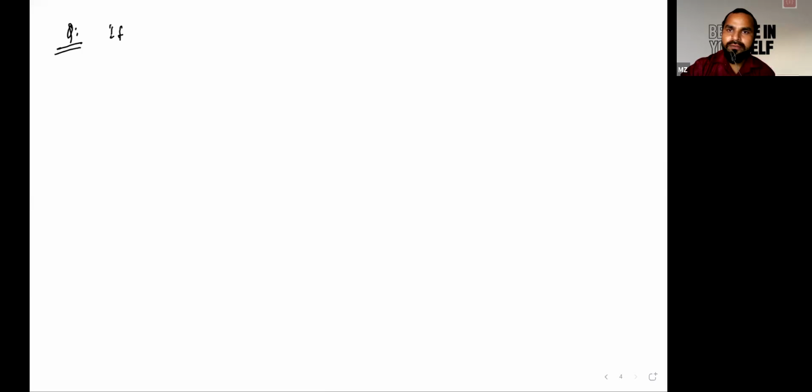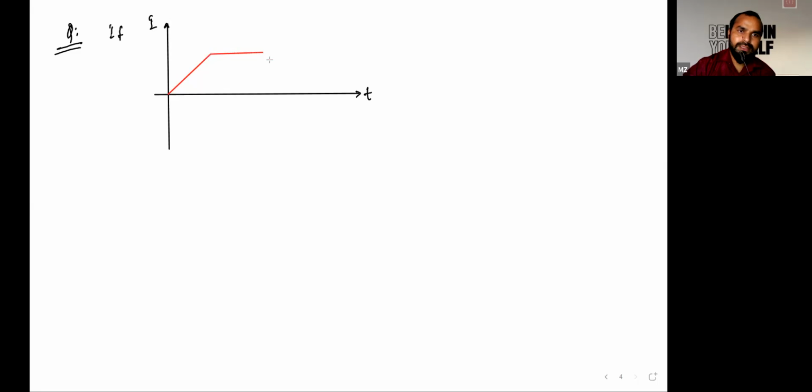If there is a graph between current and time, this is your current versus time graph, like this: increasing, then constant, and then decreasing. From this particular graph, draw EMF versus time graph.